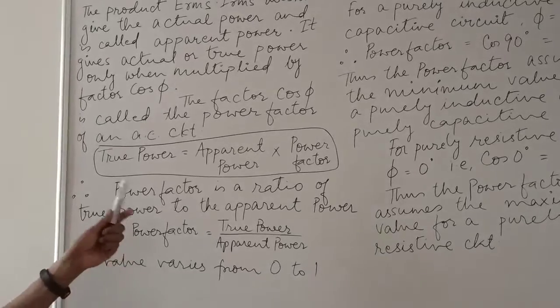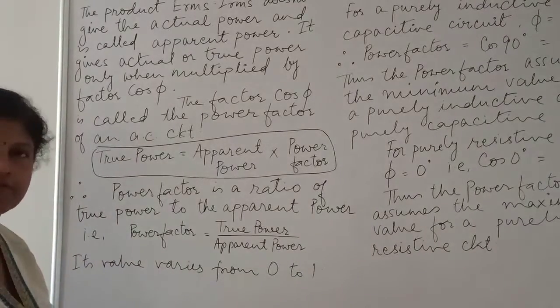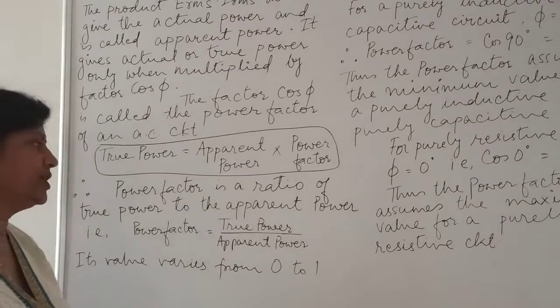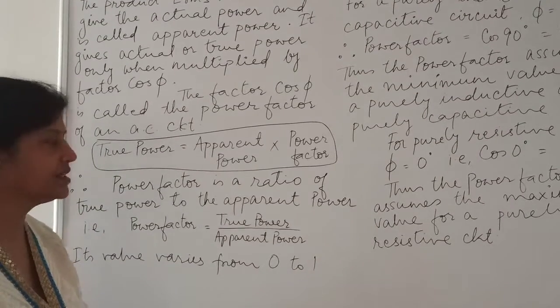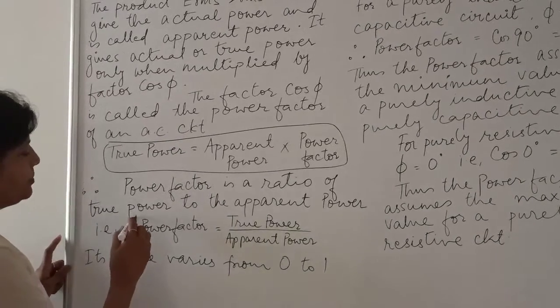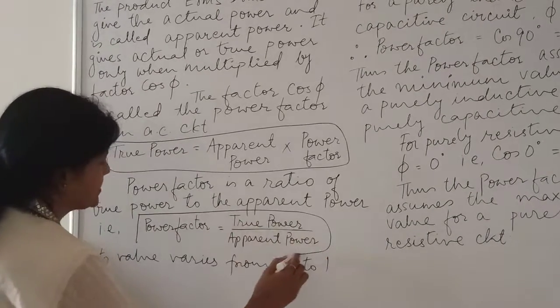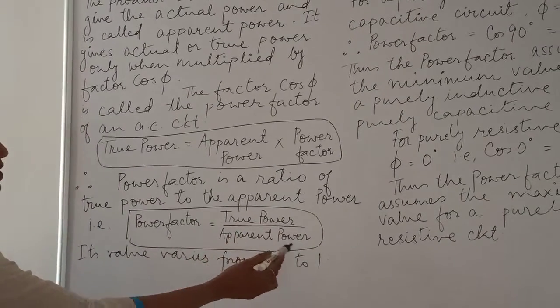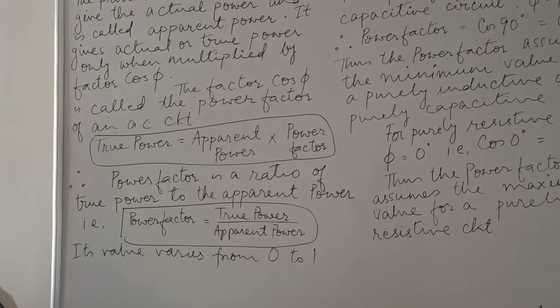From this, we can define power factor. Power factor is defined as the ratio of true power to the apparent power. Mathematically, we can write power factor is equal to true power upon apparent power.